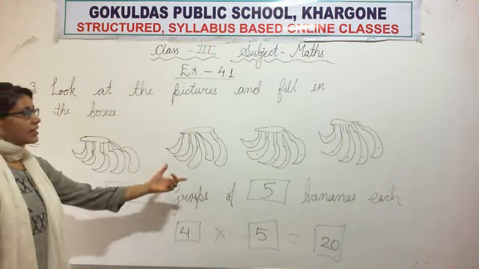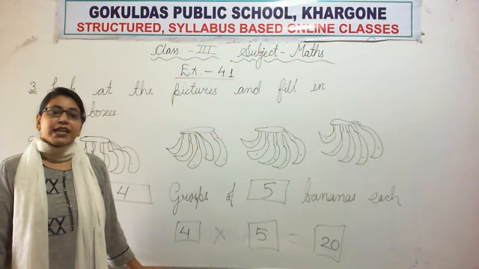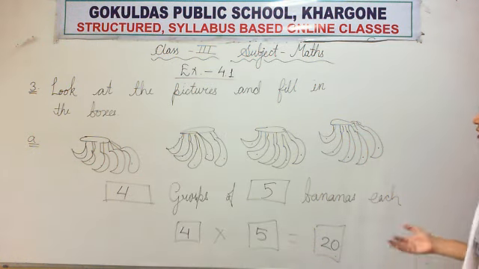We counted all the bananas, they were 20, and we wrote this multiplication sentence in the form of repeated addition. Then we added all the 4s and got 20 as the answer. So note this down, dear students. Note down in classwork copy properly.